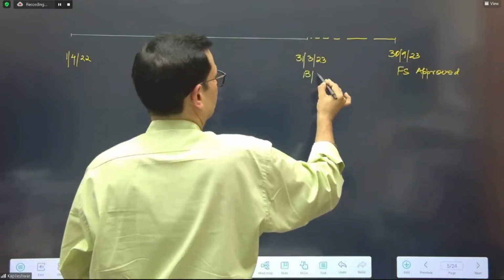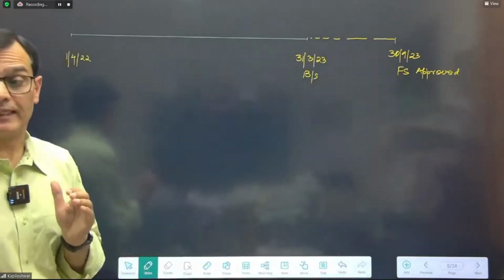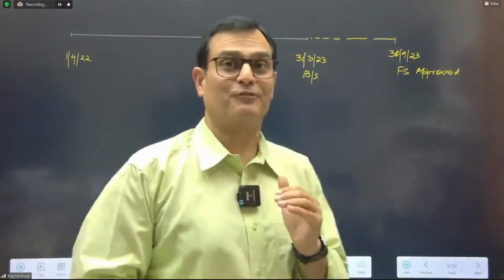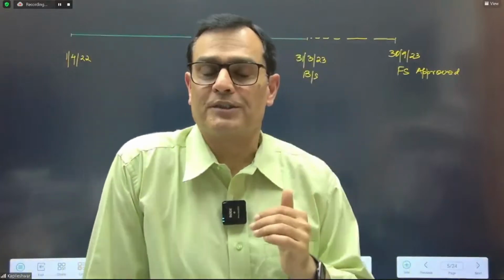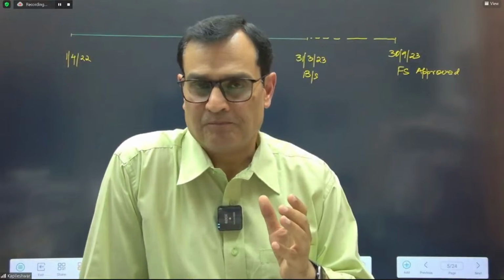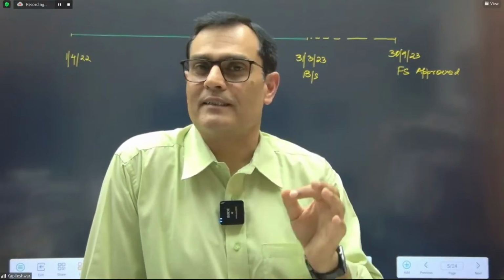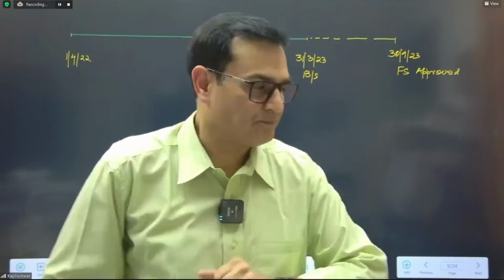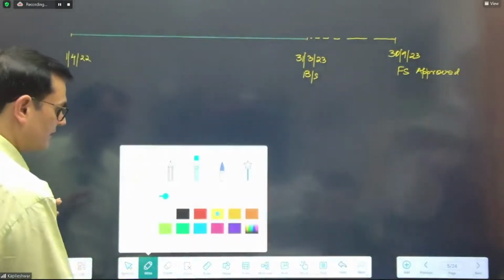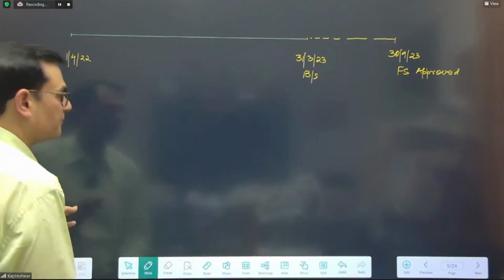And let's consider this is the balance sheet date. Now look at the facts very carefully. I'm pretty sure I'm going to get some good, correct answers from most of you. And if you're able to give the correct answers, then I think you've understood the spirit of the standard Ind AS 10. Now watch this carefully as I give you the facts.